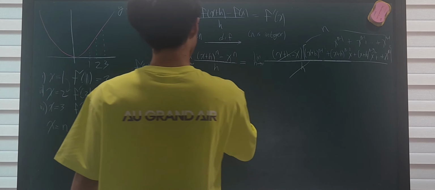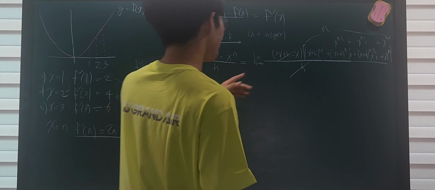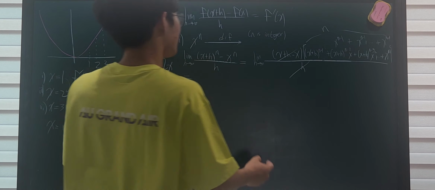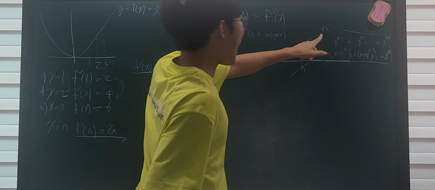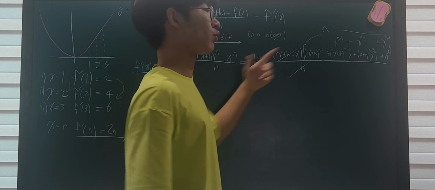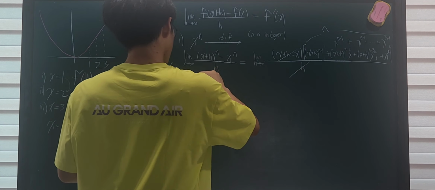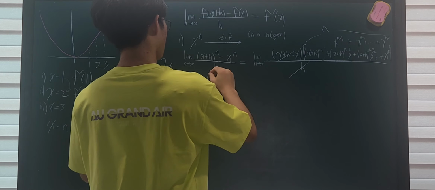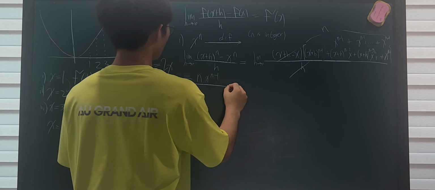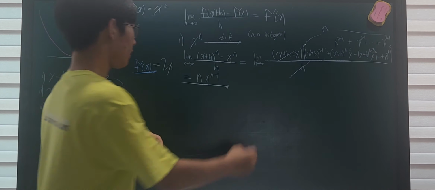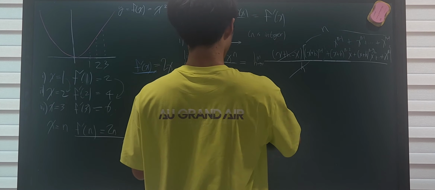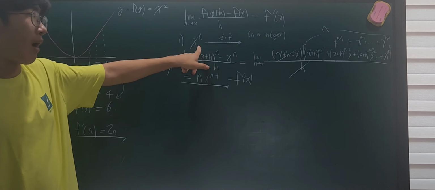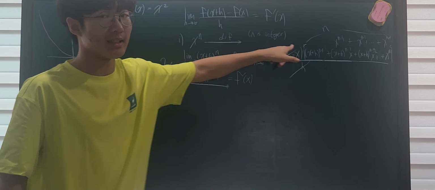Since I already evaluated the equation by inputting 0 for all the h's, I can just say that n of x to the power of n minus 1 are left. So this is the overall equation, and this is equal to the derivative function of x to the power of n, where n is an integer.